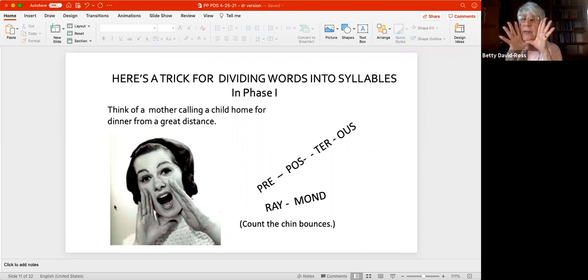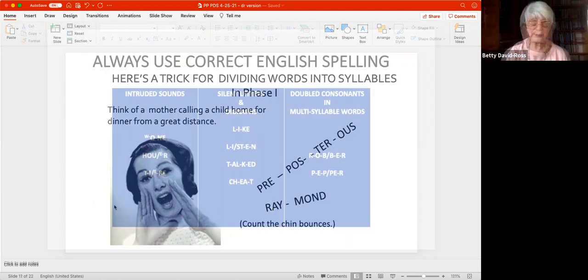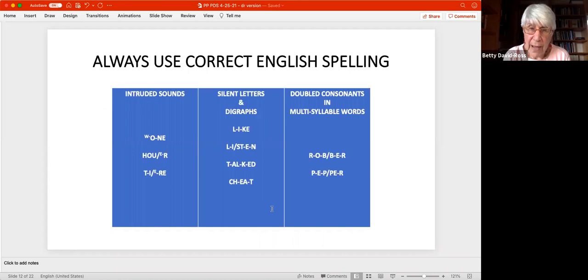So if you yell it like a mom calling her child, Raymond, you get the bounces. And also if you yell preposterous, as if it's a child's name, preposterous, you can feel the bounces. Now, one thing I strongly advise when you use this method is that you always use correct English spelling.